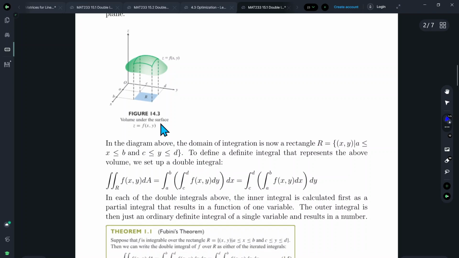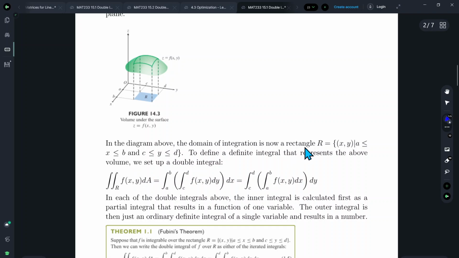To start off, we're going to keep things simple, and the domain of integration is going to be a rectangle where x varies between a and b, and y varies between c and d. A double integral is written like this, right?